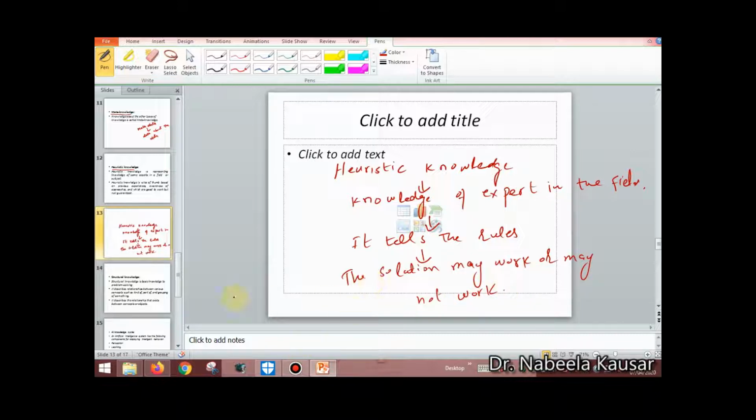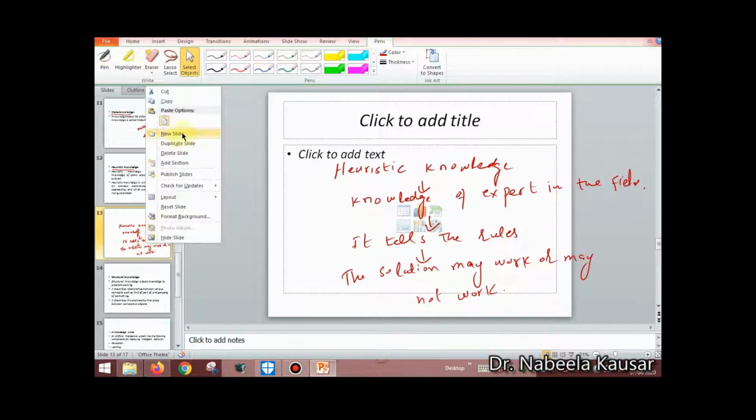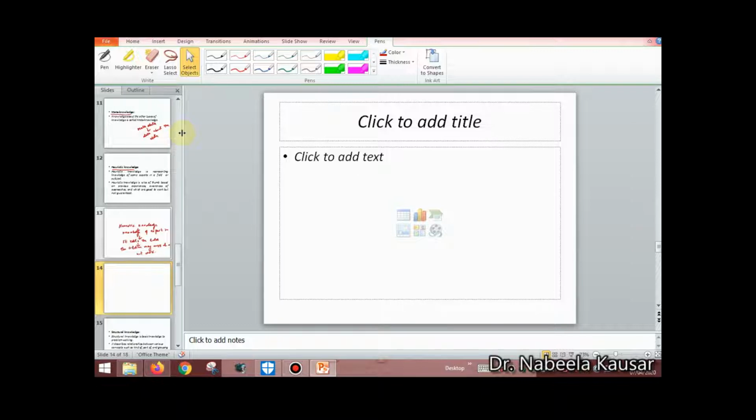Now, in the case of our example 1, the medical diagnosis system, the heuristic knowledge will contain the knowledge of the doctor.